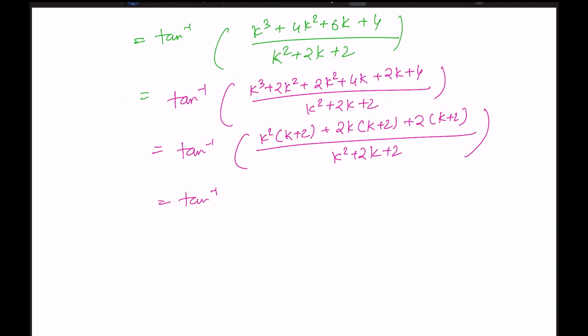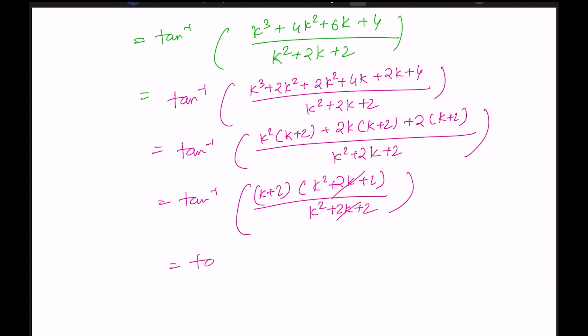Or it will be tan inverse, I can take k plus 2 common. The rest of the stuff will be k square plus 2k plus 2. The denominator is also k square plus 2k plus 2. So these two will cancel out. So finally, I'll have tan inverse of k plus 2. So tan inverse of k plus 2, this is our LHS.